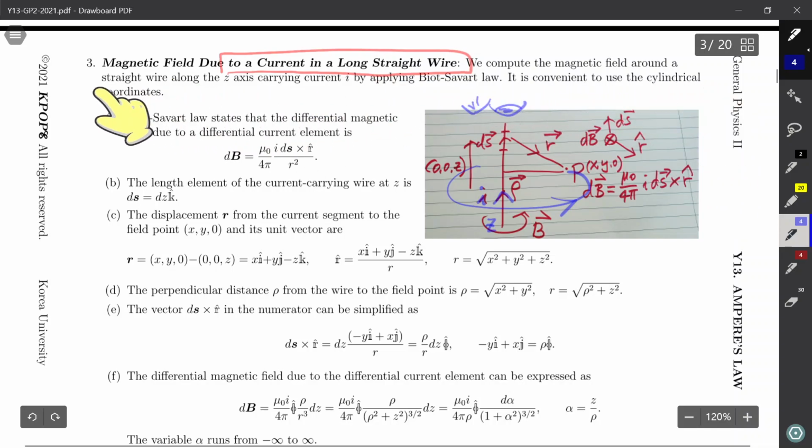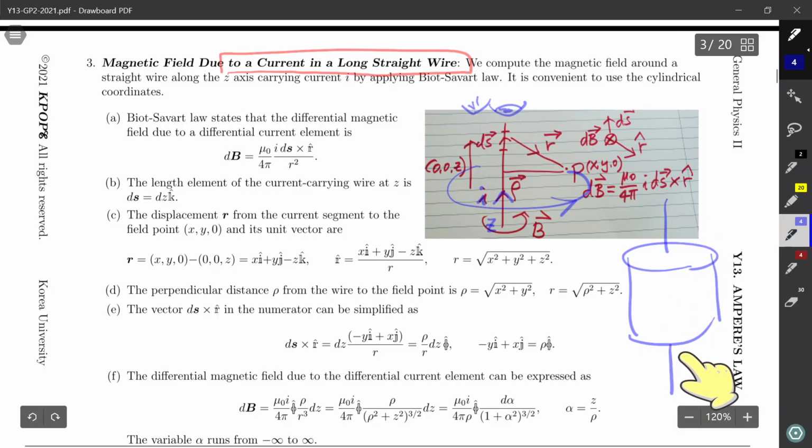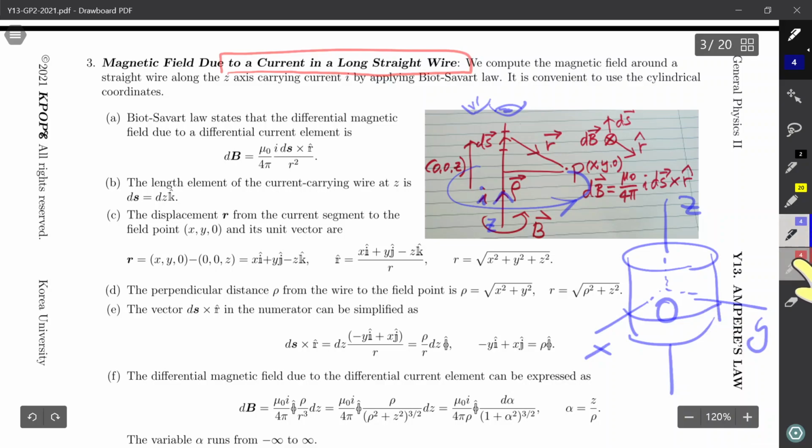It is convenient to use cylindrical coordinates. So the z-axis is here, and cylindrical coordinates: origin, x, y, and z. And we choose, for simplicity, this long straight wire on the infinite plane.